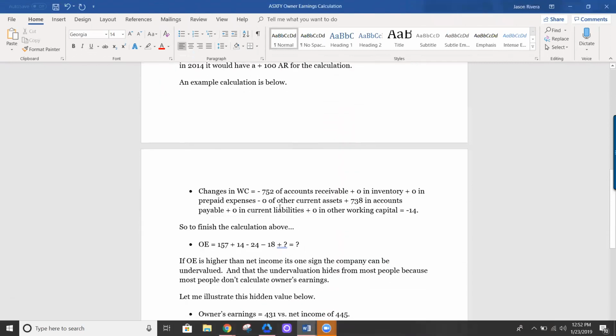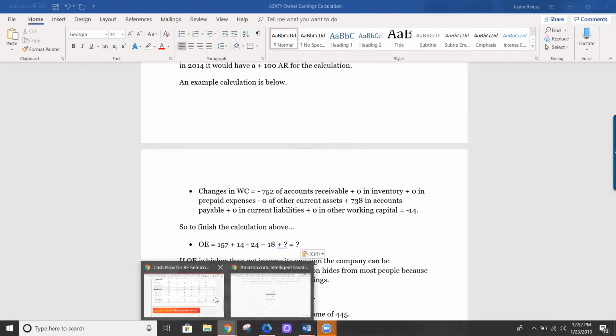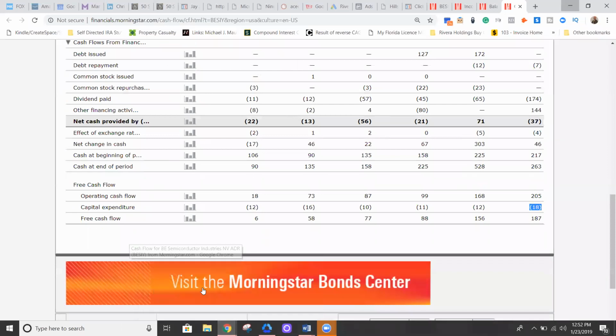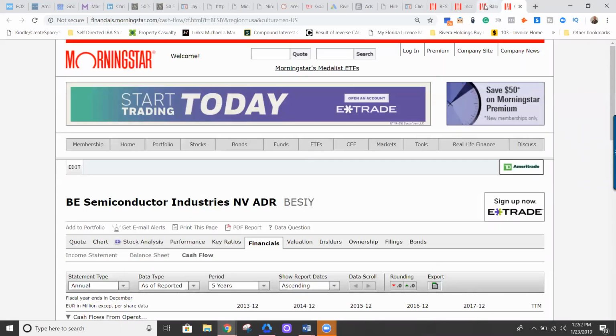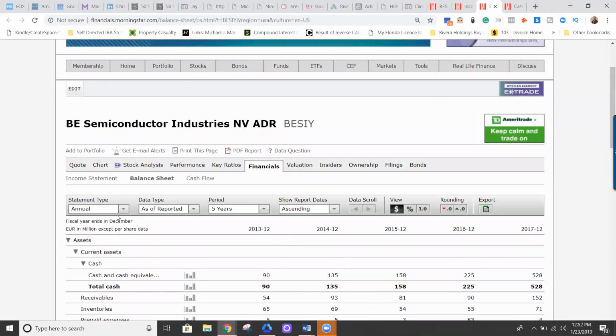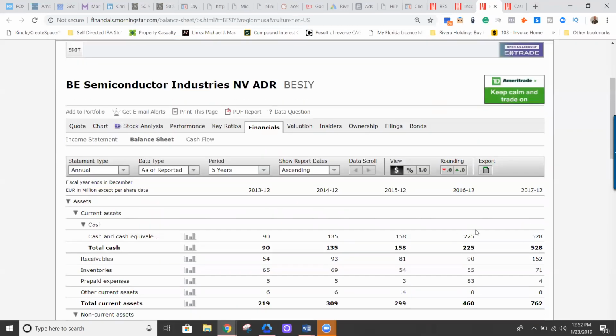Okay, so let's do the calculation. Back to the balance sheet. Annual. Okay, so this one actually is going to be perfect. This one doesn't show.